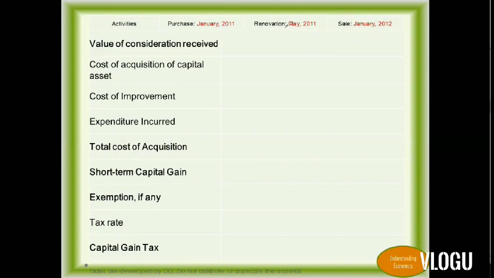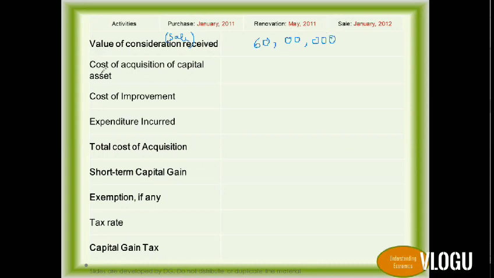In this case, the renovation has been made before the selling. So we will consider the renovation cost when calculating the capital gain even in the short run. So the value of consideration received is nothing but the sale. What is the value of consideration received for the first case? For the first question, it is 60 lakh rupees. So we will write 60 lakh.